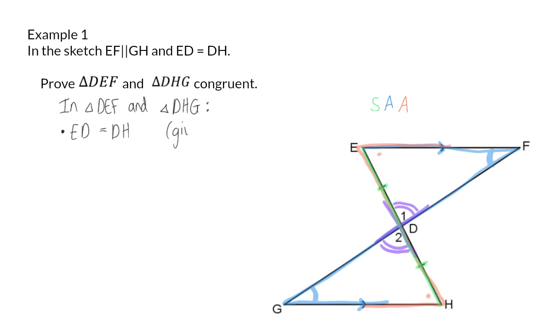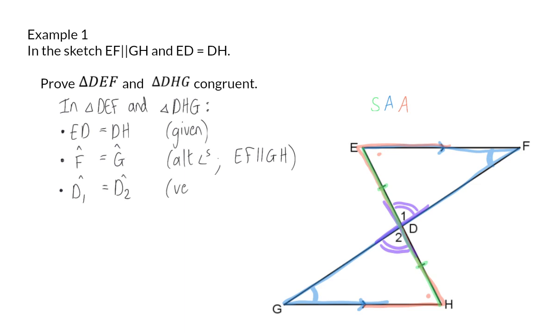For the first pair of angles, I'm going to choose to use angle F, and that is equal to angle G because of alternate angles with our parallel lines EF being parallel to GH. For the final pair of angles, I'm going to say angle D1 is equal to angle D2. And the geometry reason for that, they are vertically opposite angles.